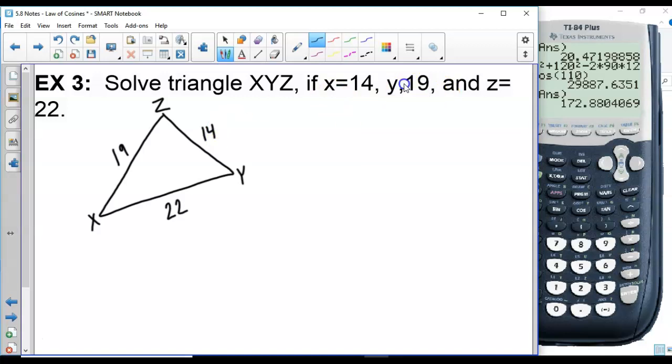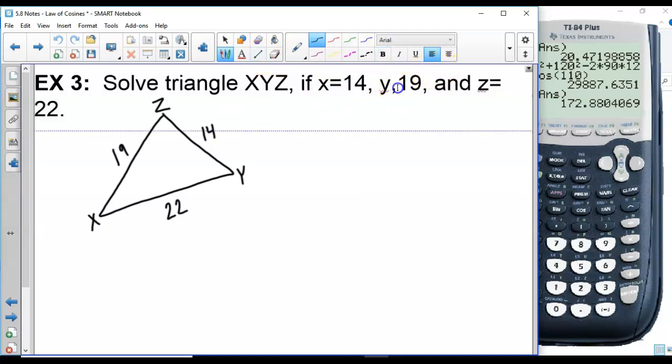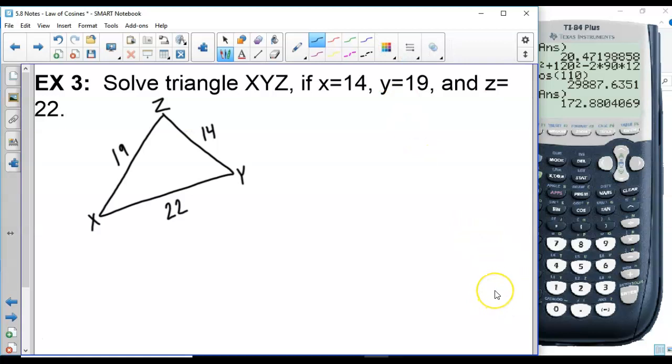Oh, yeah, that should say equals. That's a typo. Let me fix that. There we go.